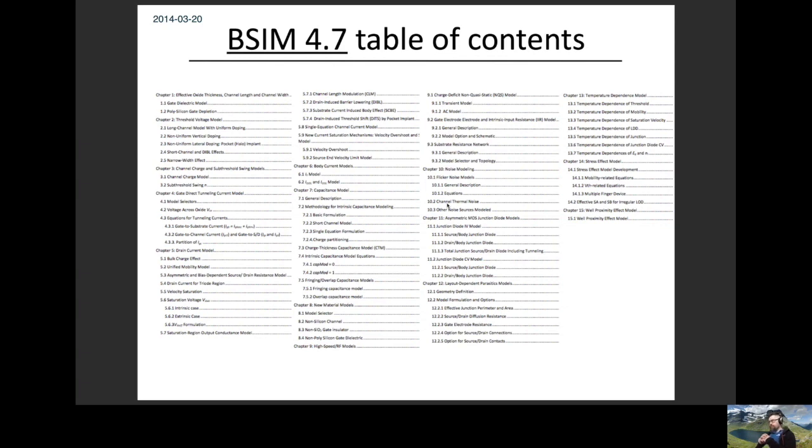And I have encountered that a few times where it does not behave as the model. Actually, a couple of times, particularly for noise, because you see here, noise modeling, chapter 10. Maybe you can't see it, maybe it's so small, but it says here flicker noise models, channel thermal noise, other noise sources modeled.